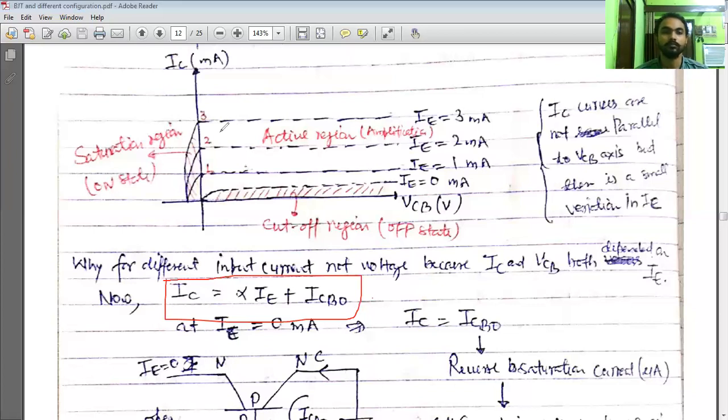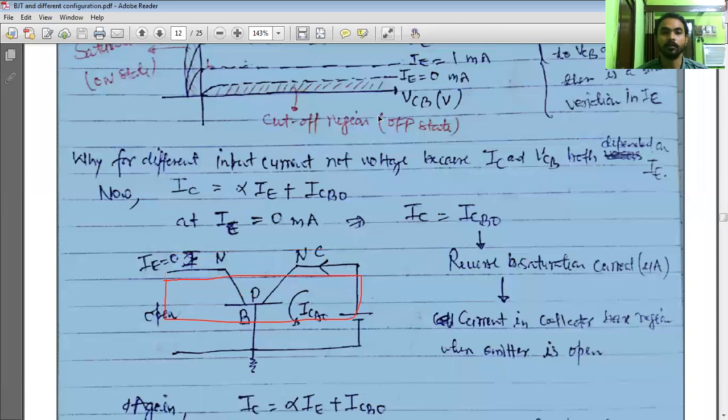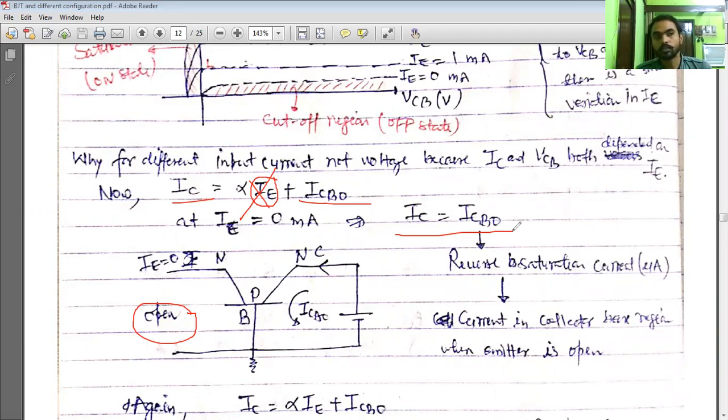Very simple. If you see in this design, this end will now be the open end. Mathematically, IE is 0, so IC becomes ICBO. And what is ICBO? It is the reverse saturation current.